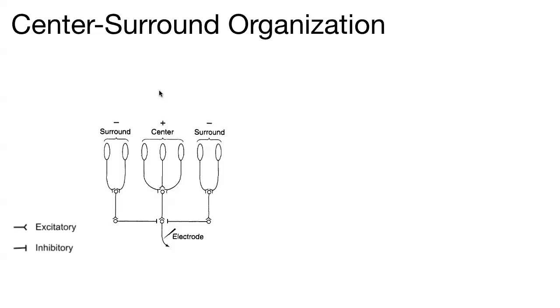Well, it means that if there is light hitting this part of your eye, let's say these are in the eye, they're going to excite this cell. It's going to increase its activity. And if this is active, it's also exciting this one, and it's going to make this active. So if there is a lot of light here, this cell is going to be really active. If there is light here, it's going to activate this, it's going to activate that, but this is going to inhibit this.